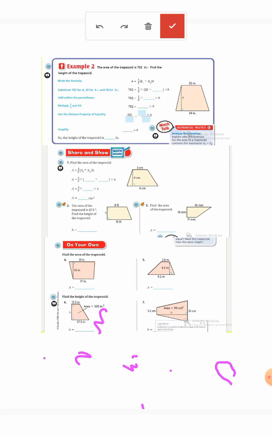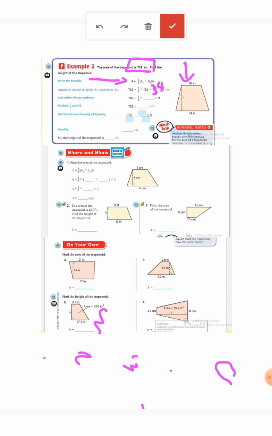So here we have, write the formula A equals half B1 plus B2 multiply height. This is the information that we are going to use. We have B1 20, B2 34. Okay, and the area we have it here is 702. Area equals 702 equals half multiply 20 as base 1, 34 as base 2.